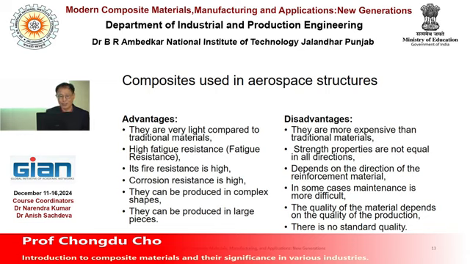But composite material has high fatigue resistance. The fire resistance is high, and corrosion resistance, which is very important, is also very high. Aluminum is very weak to corrosion. And composite can be produced in complex shapes because it is synthesized artificially.